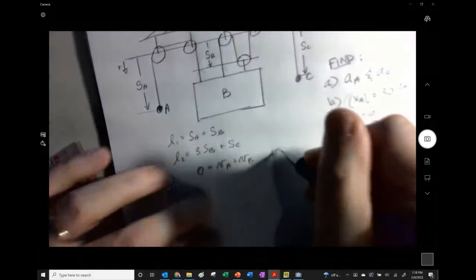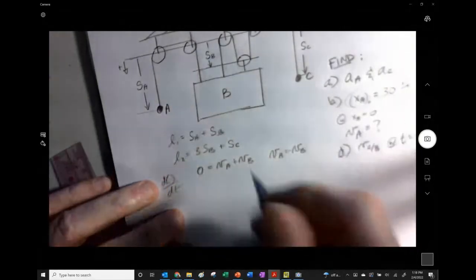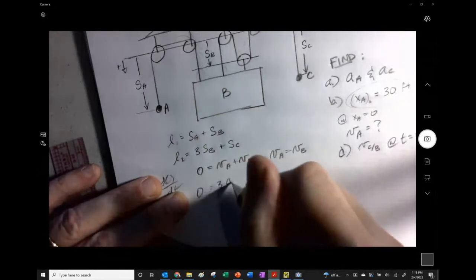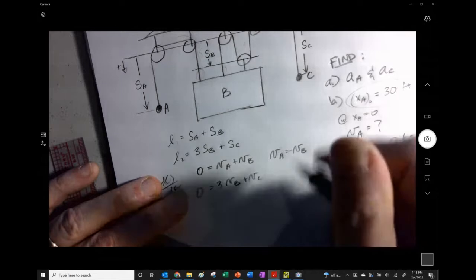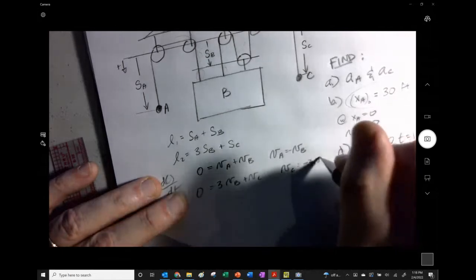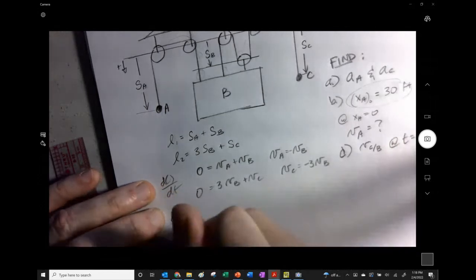And then, by the way, we say that VA is now equal to negative VB. And also this one, 3 VB plus VC, so now we know that VC is equal to negative 3 VB. And take another derivative.